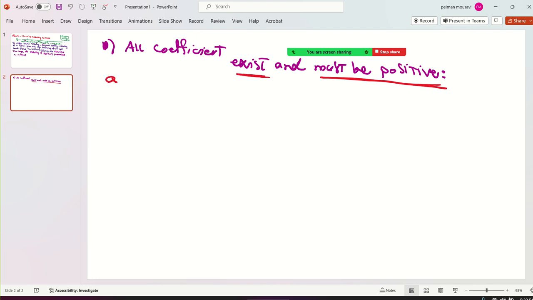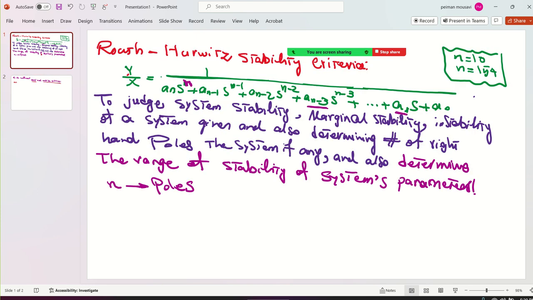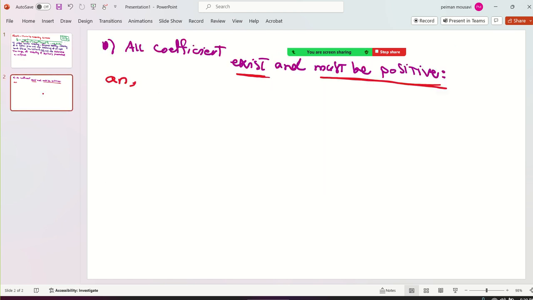It means these coefficients, a_0, a_1, up to a_n, must be non-zero, exist, and be positive. If any of these coefficients is missing, your system is not stable. It can be marginally stable, or it can be unstable.